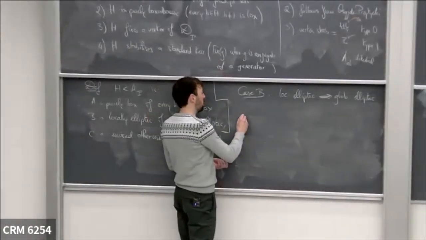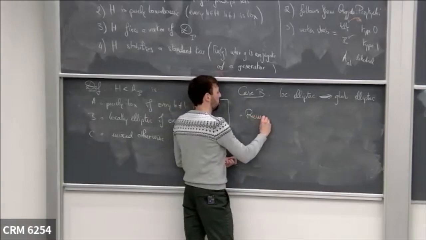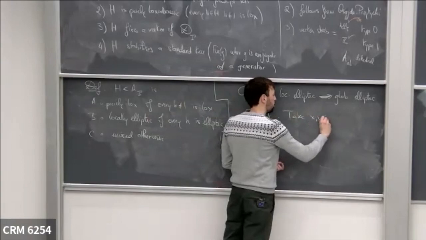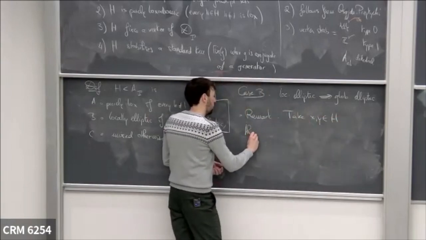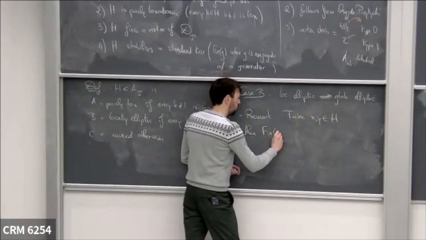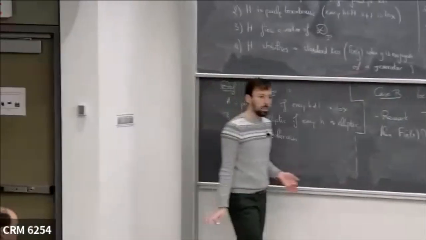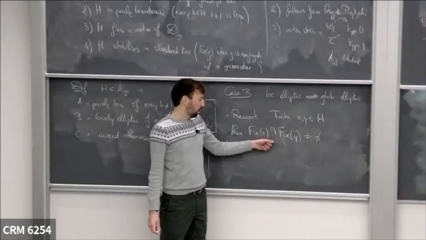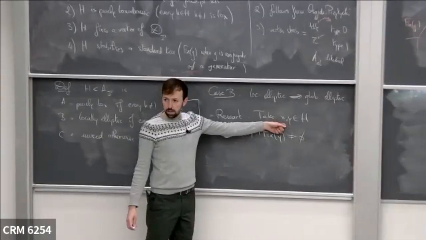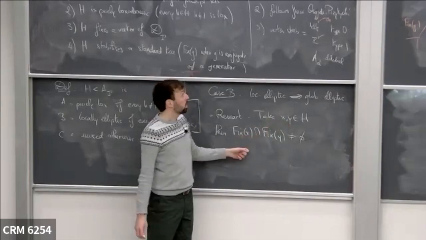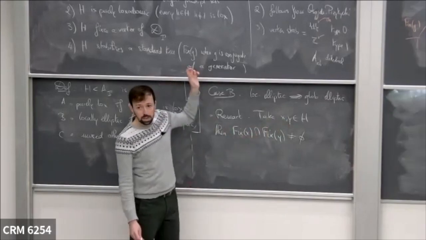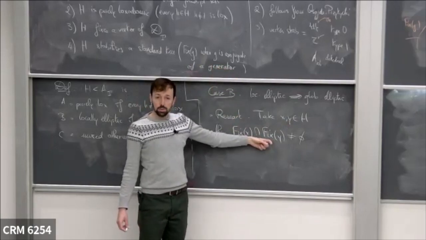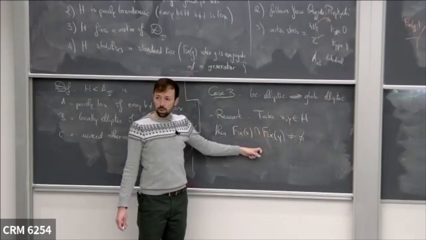First remark: if I take any x and y in H, then necessarily their fixed point sets intersect. Otherwise these elements are elliptic with disjoint fixed point sets, and by the results from last time, taking large powers we can construct a subgroup that is F2, which contains loxodromic elements.